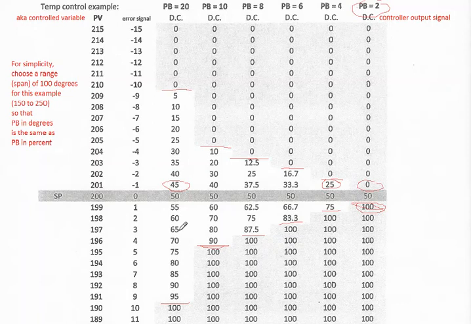You're now within 3 degrees, so you're at 65%, and so on. When you're within 1 degree, you're at 55%. And we had mentioned before, you come into your set point and you're at 50%. Is that magic, or just luck, or what?